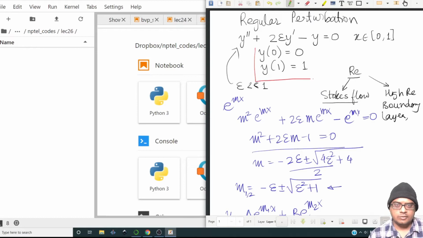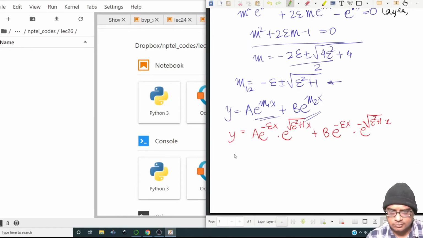So y(0) is 0 and y(1) is 1. Substituting x equal to 0, we have 0 equal to a plus b, since everything becomes 1. This implies a equal to minus b.